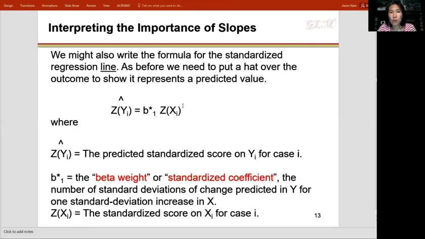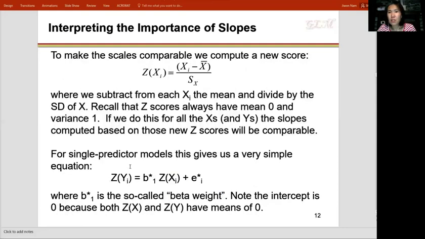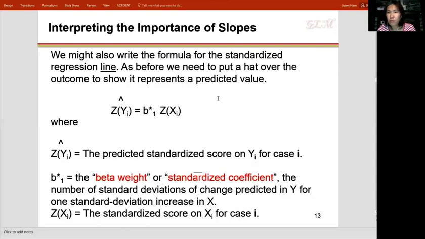We might also write the formula for the standardized regression line. So here, this is an individual z-score value, and we have an error score. This is a standardized residual. But if we have a regression line, this error is gone. The estimated regression line has a hat.